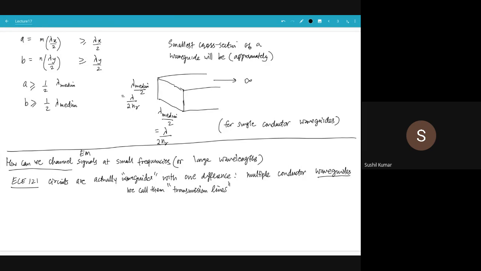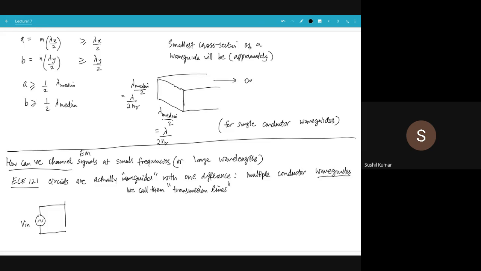For now, take this statement for granted. The wires used in our circuits are actually waveguides of radiation. They do carry radiation at that 30-kilometer wavelength. But they have multiple conductors, so instead of calling them waveguides, we call them transmission lines. So where are those multiple conductors? Let's talk about a very simple circuit. This is your V in AC signal.